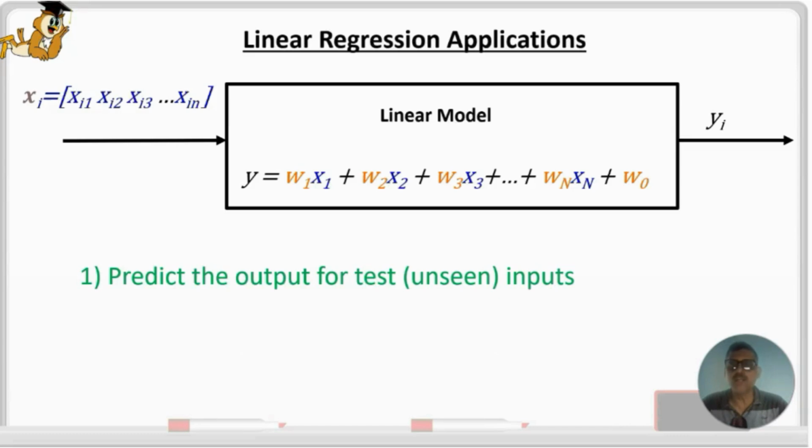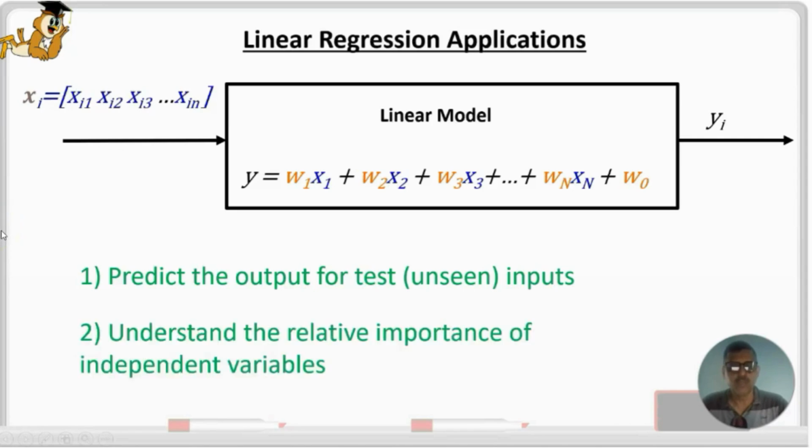But there is also another application of linear regression: you often employ it to understand the relative importance of the independent variables. Suppose you have a scenario with hundreds of independent variables, let's say 200, and you run a linear regression. Your output is a linear combination of those 200 inputs. It's entirely conceivable that not all the independent variables have a significant impact on the output.